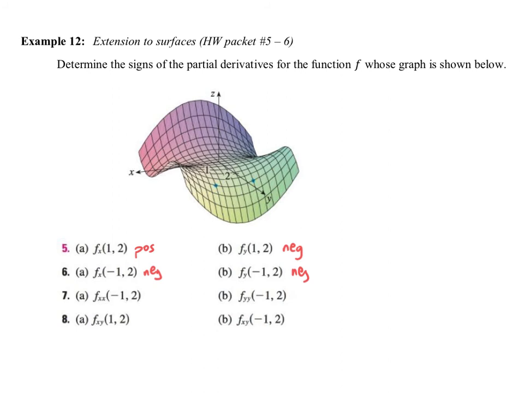So when we're looking at 7a, we're looking at the second derivative, both with respect to x. We're looking at the rate of change of the first derivative with respect to x in the direction of positive x. So here's what this means. If we're sitting at the point (-1, 2), looking in the direction of positive x, and we begin to walk in that direction and analyze the slope of the tangents as we travel in the positive x direction, the slopes of the tangents are increasing.